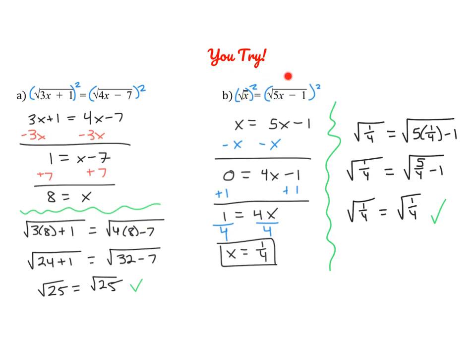For part B, again, square both sides, clearing your square root signs. I picked the smaller variable just to keep it positive, but you could have also subtracted 5x. Either way, you should end up with a fraction as your answer. x equals 1 over 4, which if you substitute here and here, you get square root of 1 over 4 equals square root of 1 over 4, which is a true statement, so our answer is correct.